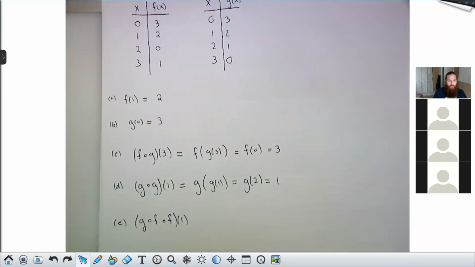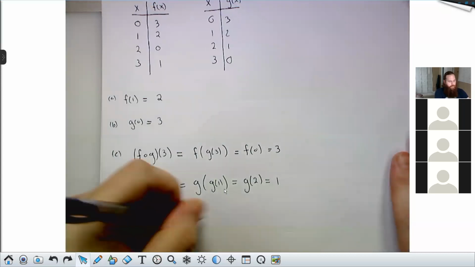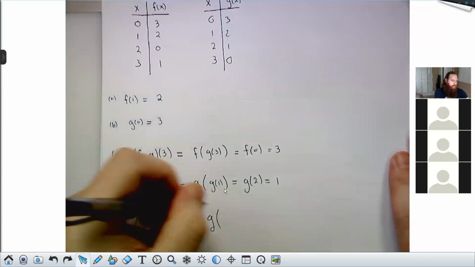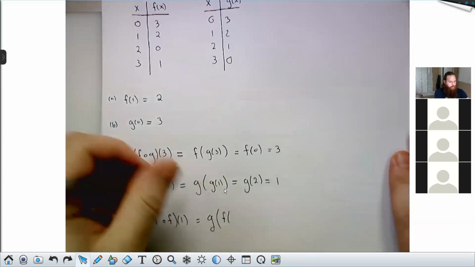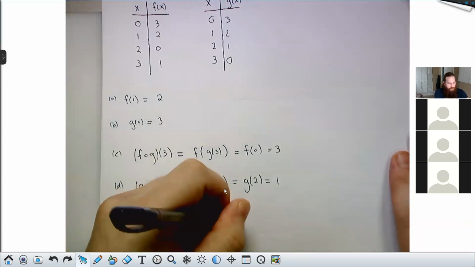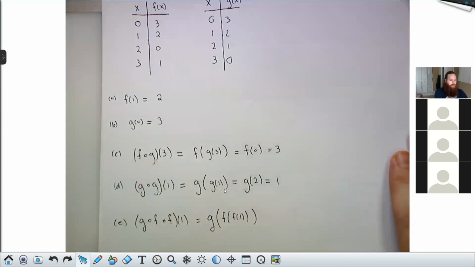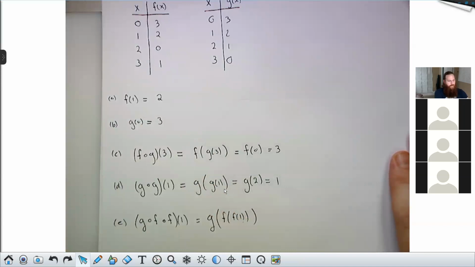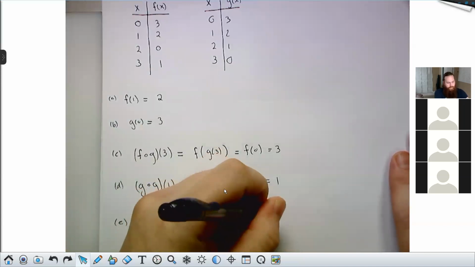Here I've got 3 functions composed, but the same rule works. Schematically, this would be g of f of f of 1. And we have to first sort out the inside, which is f of 1, the very most inside thing.